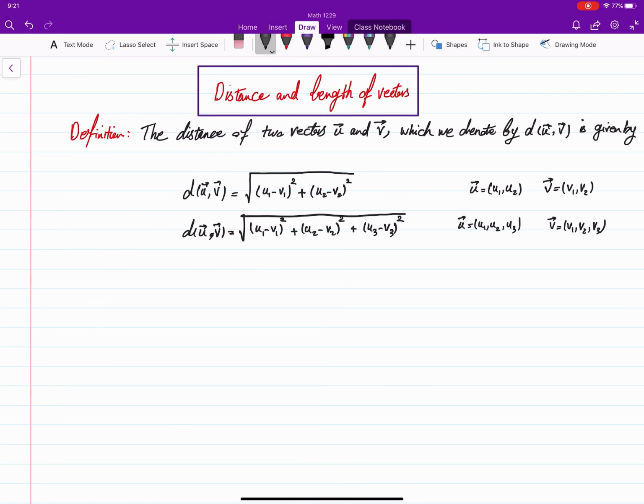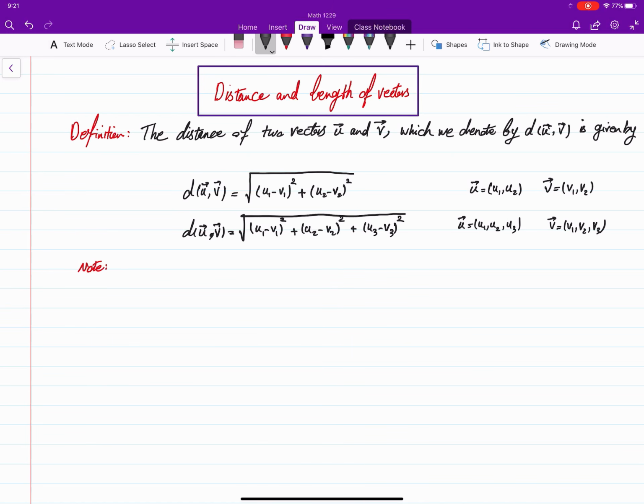This is the formula you have to remember, you have to keep in mind, and you have to use. But there is one nice point to remember: have you seen this formula before? Looks like I am squaring, adding, and then taking the square root. This is exactly the Pythagorean Theorem.